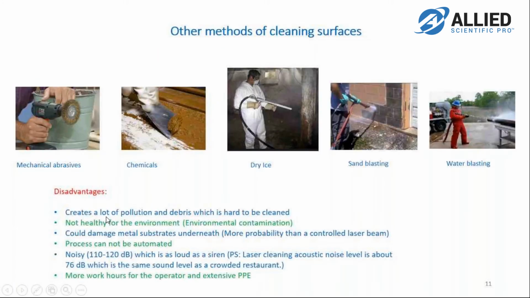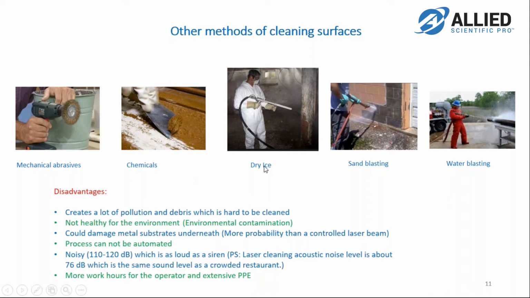All right, so next, let's look at the other competing methods of cleaning surfaces. There are mechanical abrasives here on the left side, where a rotating disc basically scratches the paint or the contamination from a surface. There are chemical methods, where you apply a certain chemical and then scratch it off with a tool.